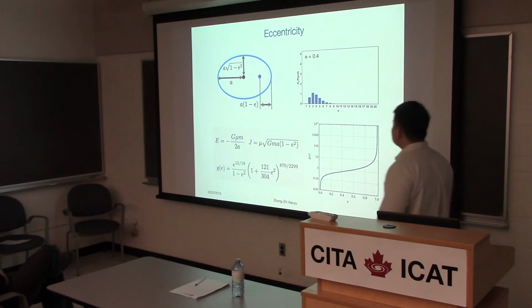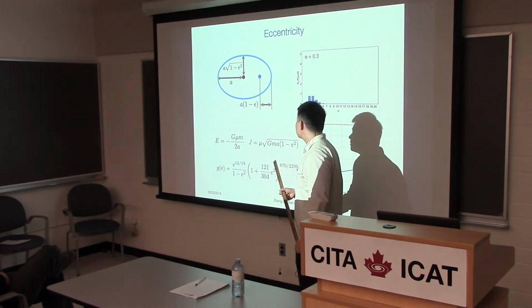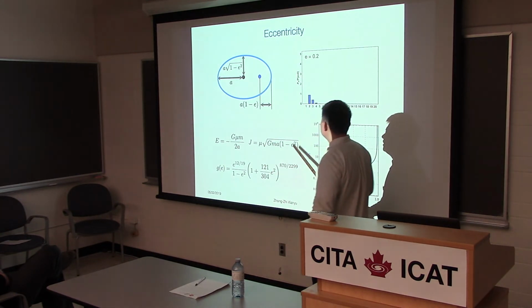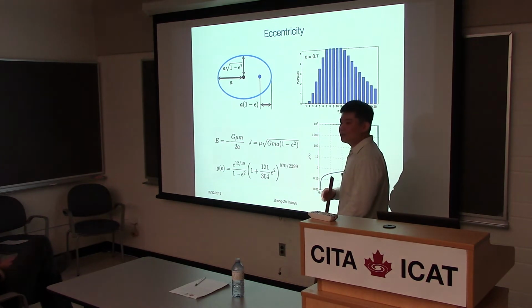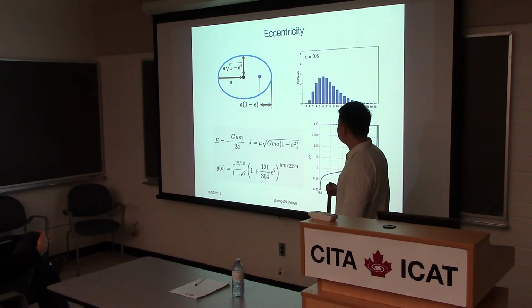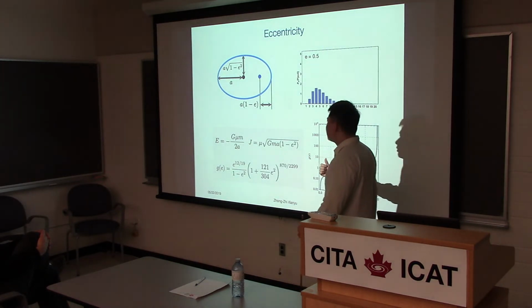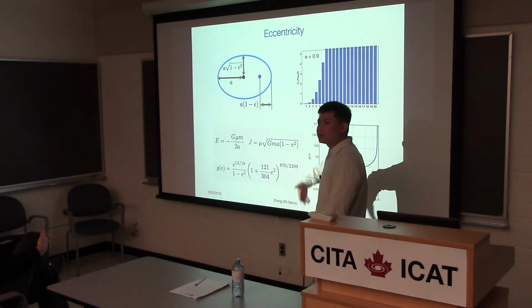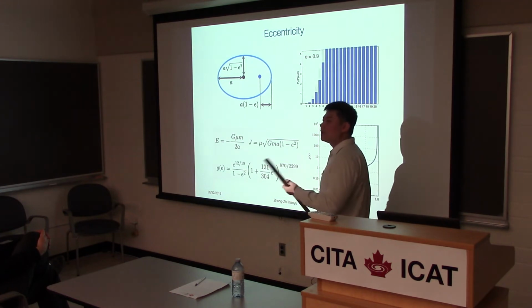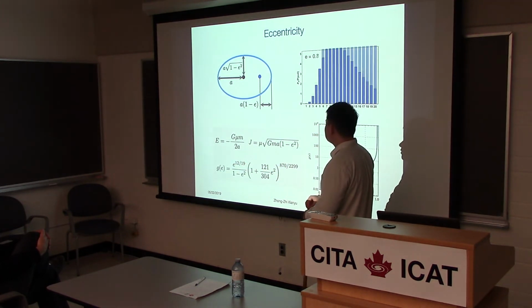Just to put this more quantitative, energy and angular momentum of the system are related to the separation A and eccentricity E. This is boring high school Newtonian mechanics. But the thing we can learn from this is that if we turn on gravitational wave, and we know how gravitational wave will carry away energy and angular momentum, then we will know how A and E get reduced by gravitational wave.